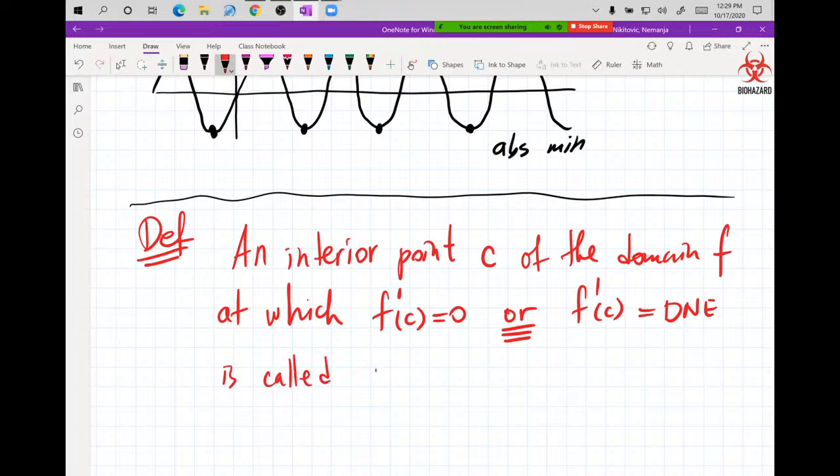Is called a critical point of that f of x. I'll call it f of x here too.